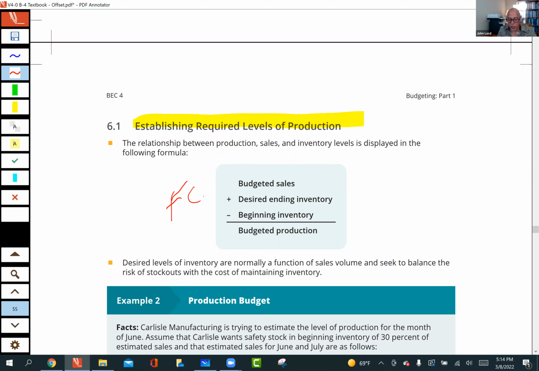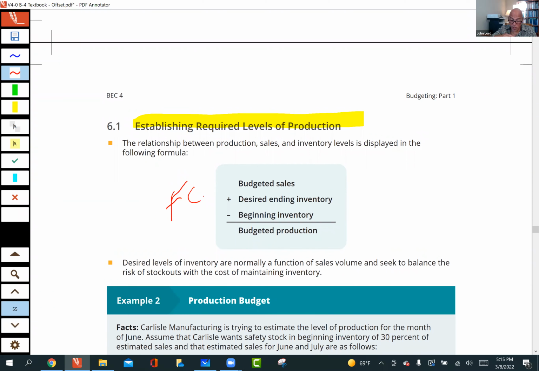And that is going to be this sort of, I don't want to call it a formula, but way of calculating it, which is to sit there and say, well, what are my budgeted sales? What do I have to sell for the quarter, whatever period of time they're asking me? What is my desired inventory? In other words, companies typically don't want to just sell their shelves out completely, right? So they want some stuff left in stock. So what is the desired ending inventory?